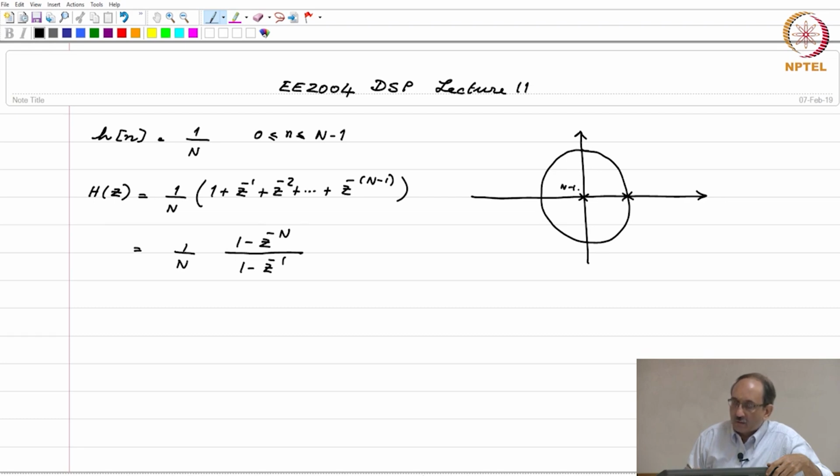If you take as an example capital N equals 8, you will have 8 zeros distributed on the unit circle uniformly. Here you will have a zero at z equal to 1, and these are the remaining zeros. And we pointed out that at z equal to 1, there is a pole zero cancellation.